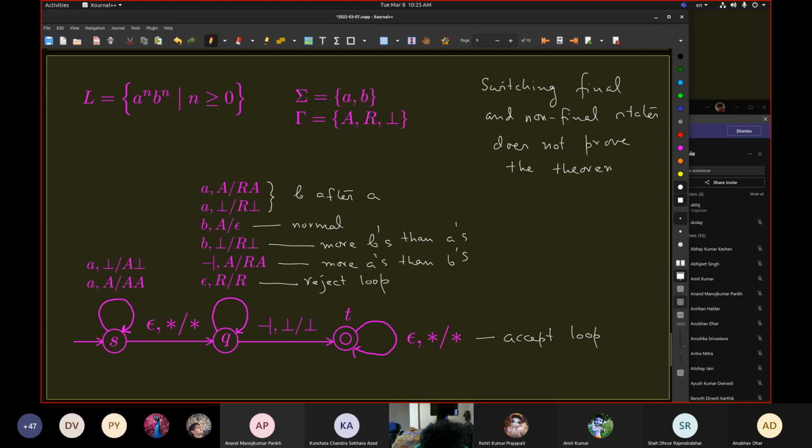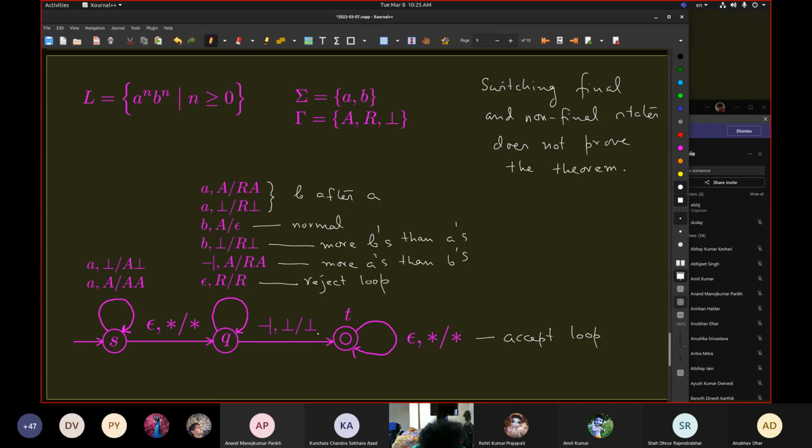We have done this in the context of deterministic finite automata. If we simply switch the final and non-final states, then that new machine accepts precisely the complement language. But this is not happening here.